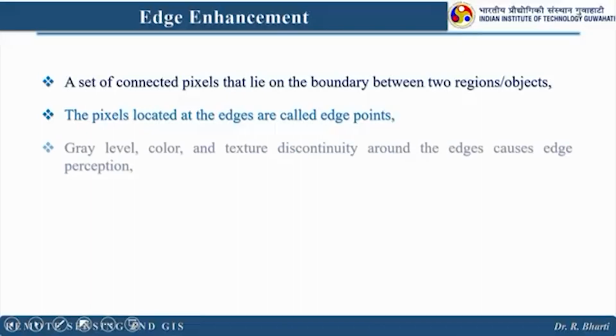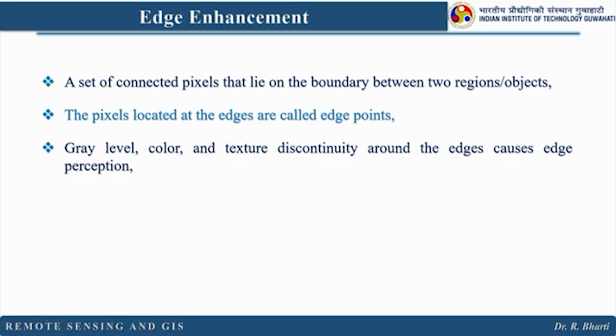This is the enlarged view. Now you can see these are the pixels, like this is one pixel, this is another pixel, this is the third pixel. So these pixels are nothing but the edge points, right? So these are edge points. I hope this is clear to you.